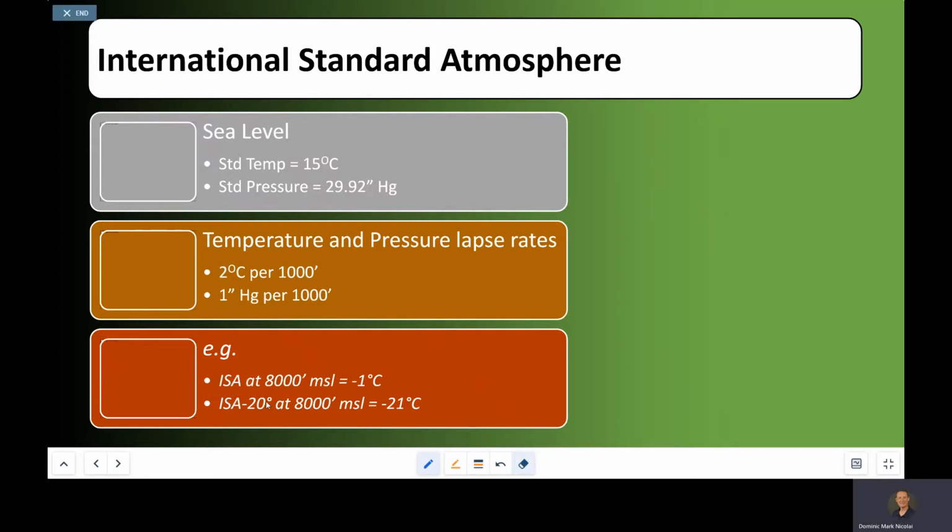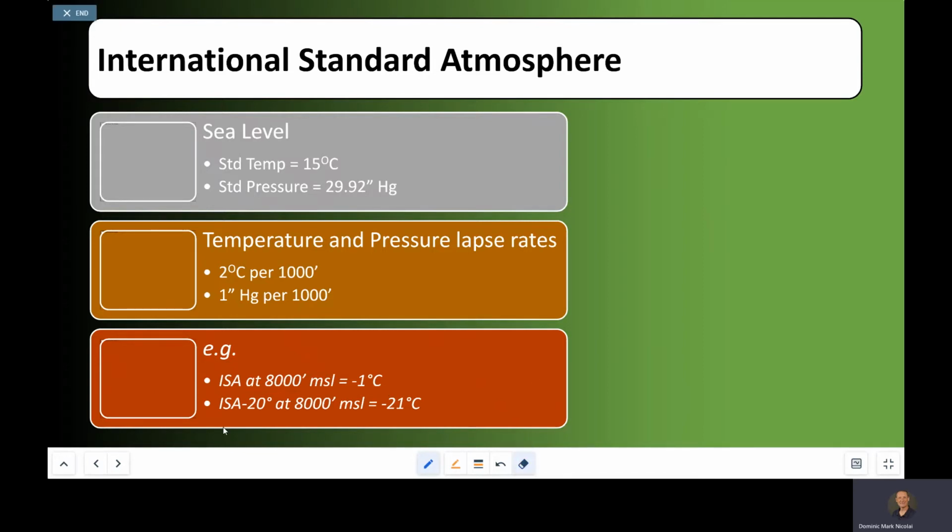So the concept is, if it's labeled ISA at 8,000 feet, well, obviously, at 8,000 feet, we have changed 16 degrees. We've gotten 16 degrees colder. So sea level of 15 degrees minus 16 means your ISA temperature at 8,000 is -1. So that's probably easy to understand.